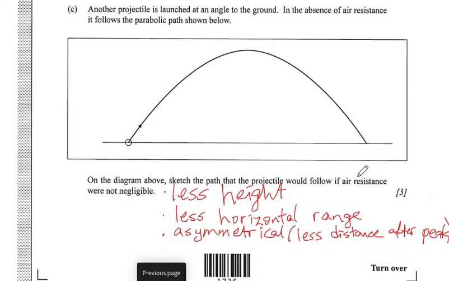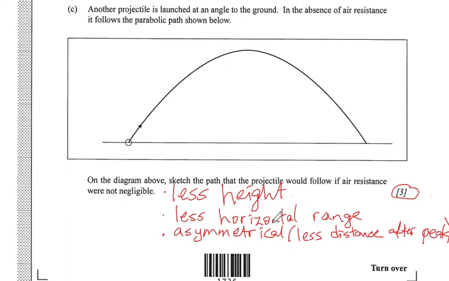Now, the path without air is shown, and now we're asked to sketch a path that it would follow if air resistance were not negligible, which means it was included. Now, this is a 3-mark question, which means there are 3 aspects to this answer. One is less height, the other is less horizontal range, so air resistance would affect both components.